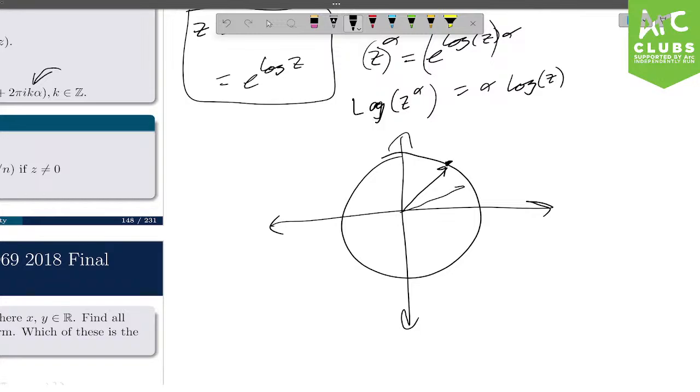I can either half it going towards the origin, or I can half it going towards the negative side. Okay? In any case, my argument is halved. In one instance, my argument is measured in the clockwise direction. In the other instance, it's measured from the anti-clockwise direction.